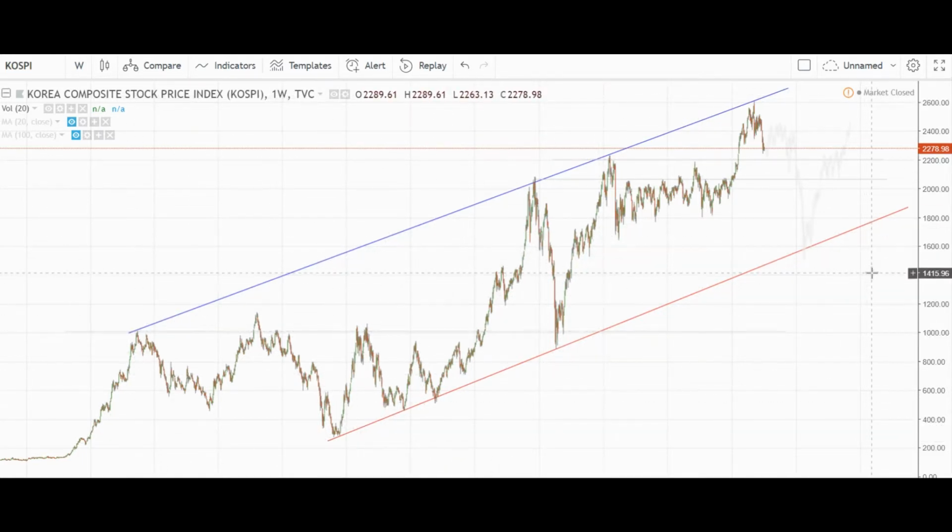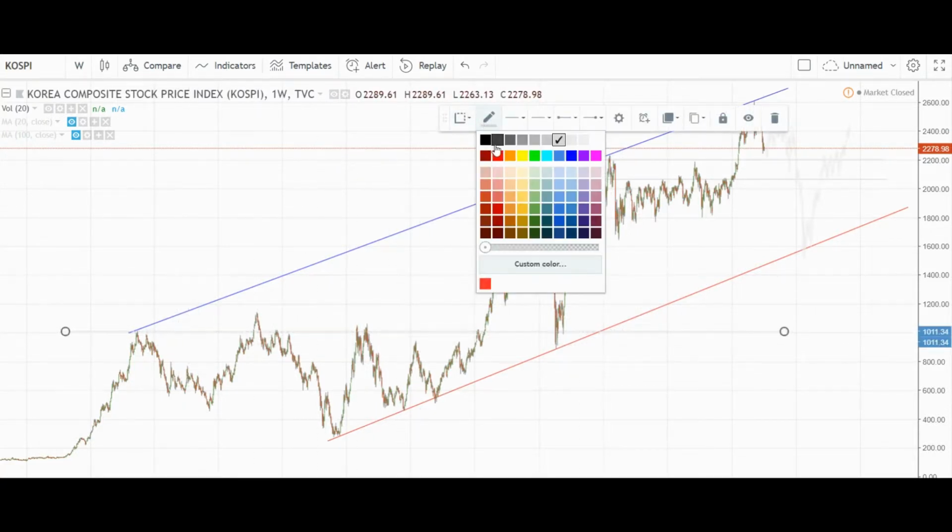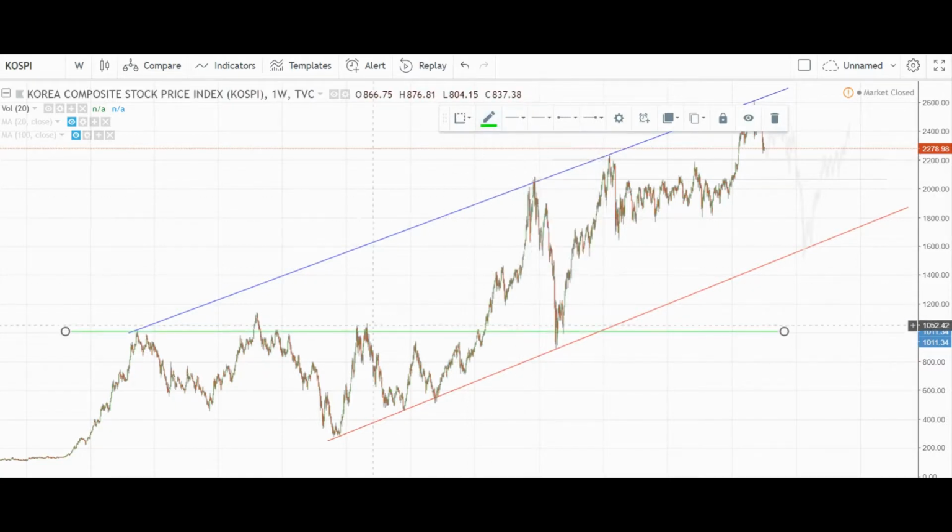And now let's look at the second one. Secondly, you have to find some parallel support and resistance. For instance, in this 10,000 area, we have this very hard support and resistance. This is very hard resistance here, here, here, and here.